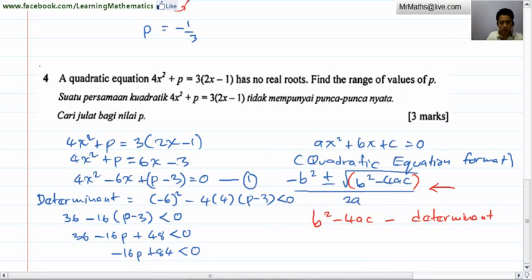This minus 3, if you transfer it to the left, becomes plus 3. So I need to make a correction here. This is plus 3, and this will become minus, and this value will be totally different. Then 36 minus 48 is minus 12.